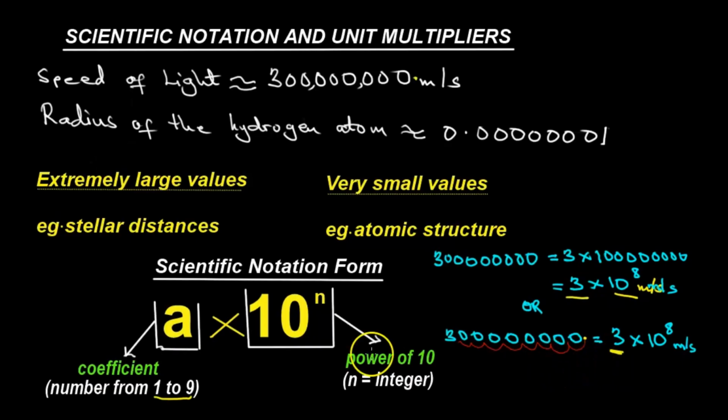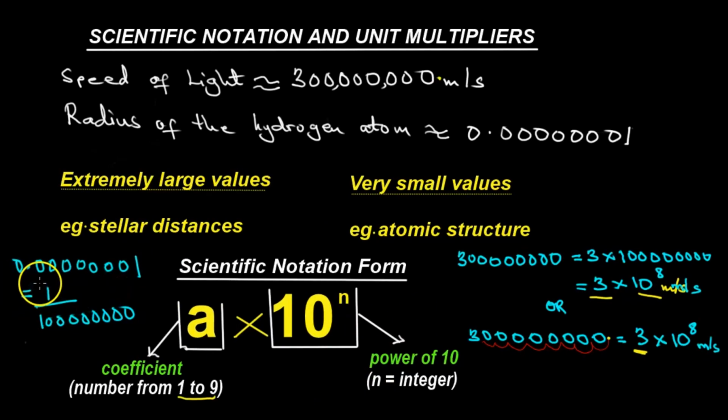So this is another way you can achieve your scientific notation. Let's go back to the radius of the hydrogen atom. The radius is 0.00000001, and as we've mentioned, this is equal to 1 over 100 million. 1 over 100 million, if we express this, is going to be 1 over 10 exponent 8, and applying the law of indices, 1 over 10 exponent 8 gives us 10 exponent minus 8.